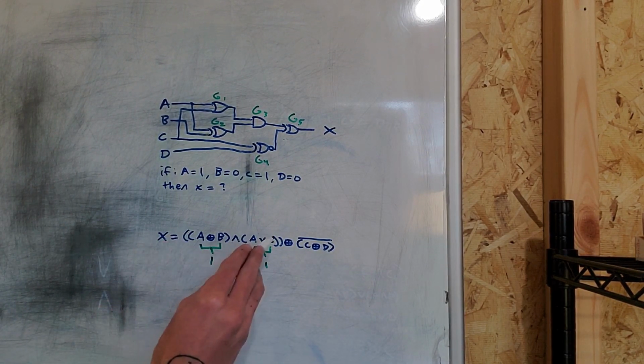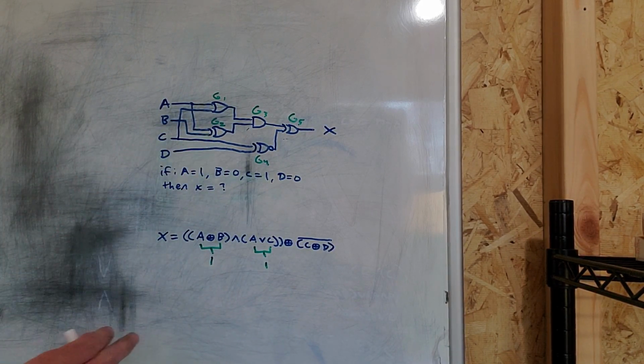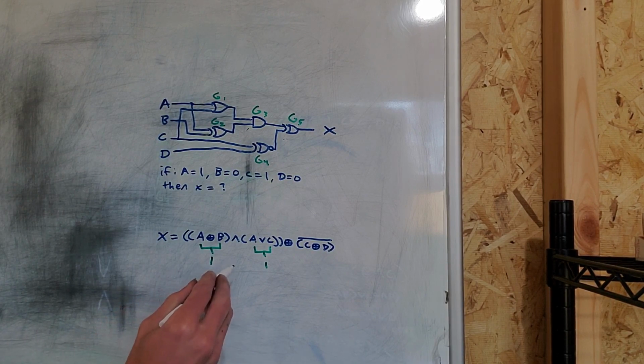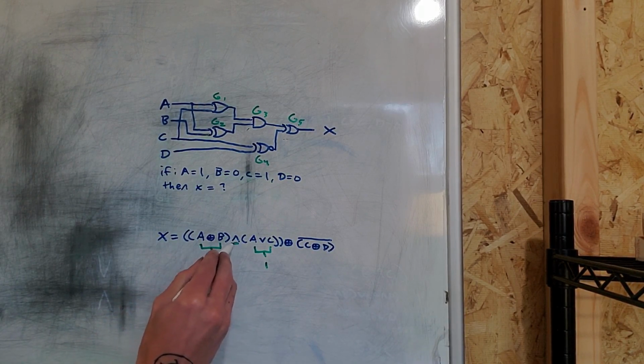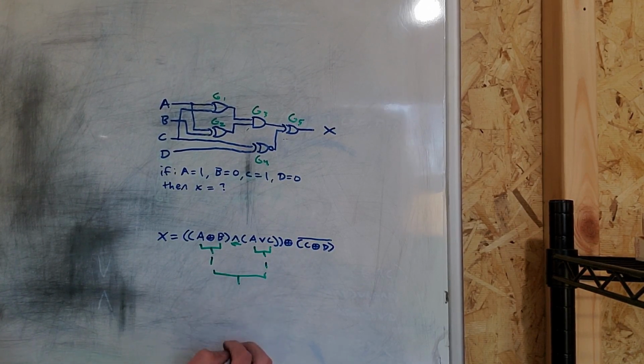And still working within these parentheses, we have G3 here, where we compare them with the AND. So 1 and 1. Now 1 and 1 equals 1. 1 times 1 equals 1.